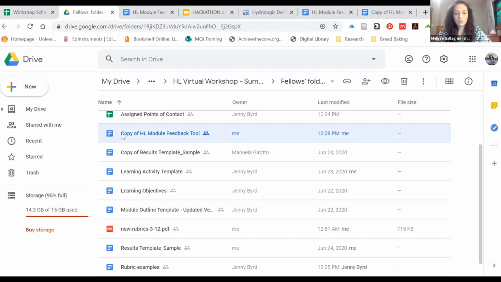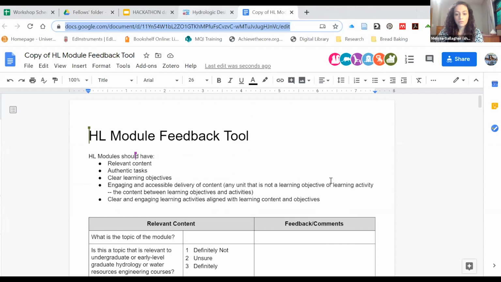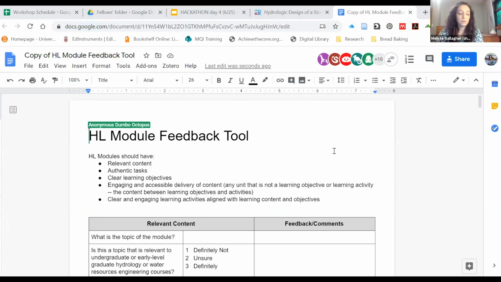So if you're looking at it now, it's called the Copy of. So what are things that you notice, or what are questions that you have about this tool?